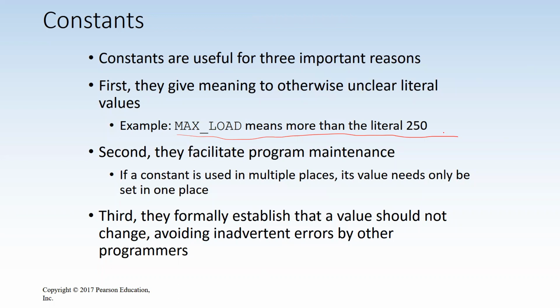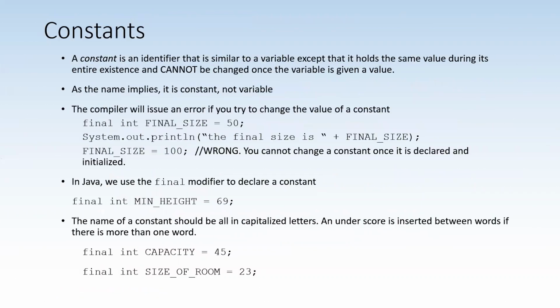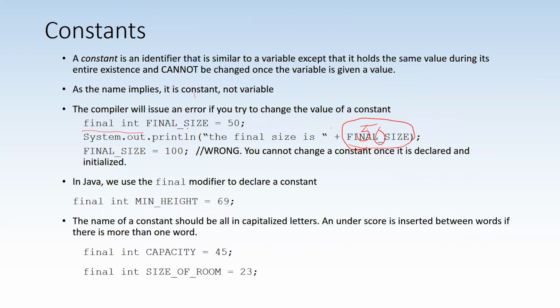So if you understand that. Second, they facilitate program maintenance. So you declare this final size, and then you can use it all the way. You can say system.out.println, the final size is final size.